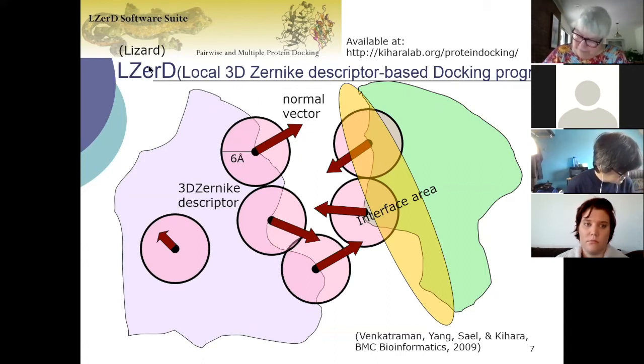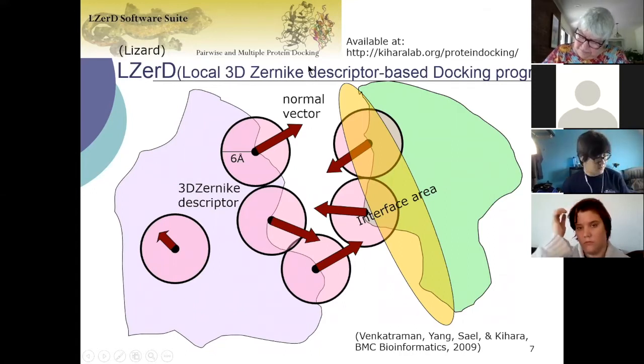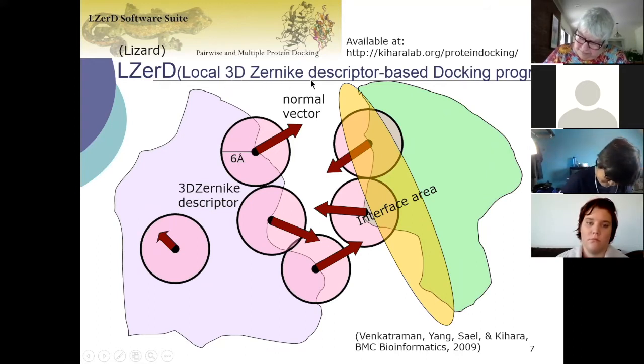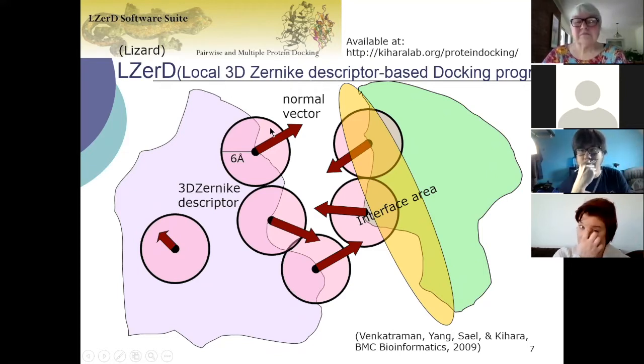LZerD is an abbreviation of Local 3D Zernike Descriptor-Based Docking Program. I'll explain a little about the 3D Zernike descriptor in the next few slides. What we consider when we build the docking model is represented here.